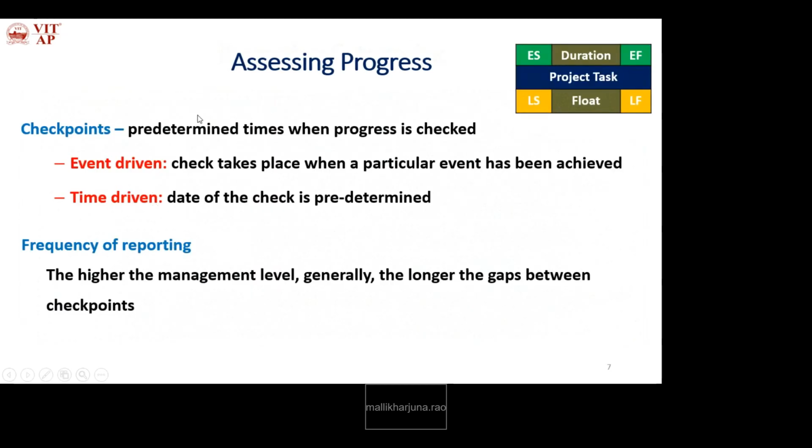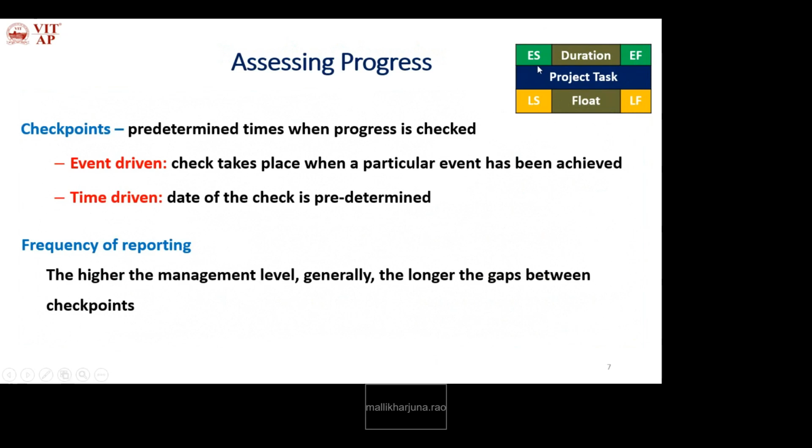Now, assessing the progress. Progress of what? Every project task. Okay, so here is how we started the development. The given problem is divided into modules, modules into submodules, submodules into further submodules, and so on, down to objects called tasks. For every object, every parent object, every grandparent object, there is some start time and finish time.